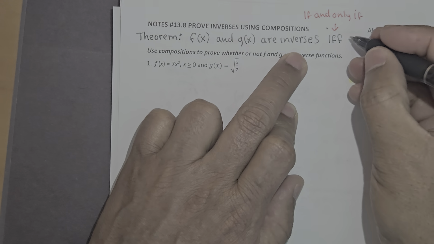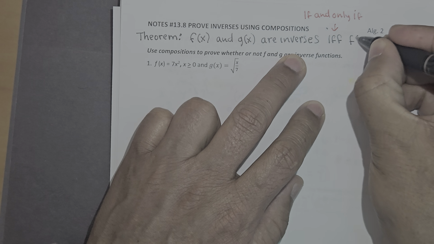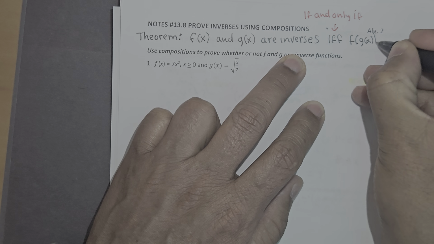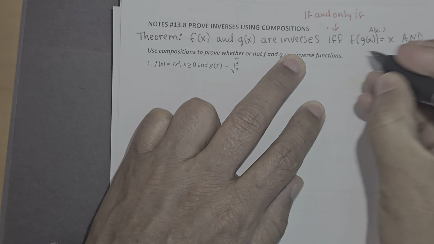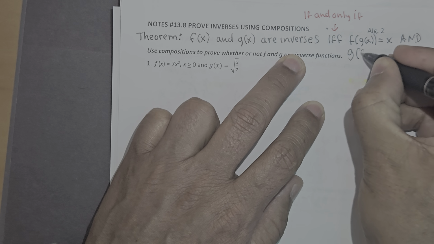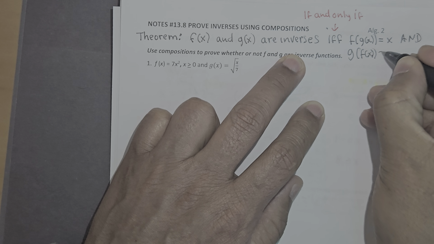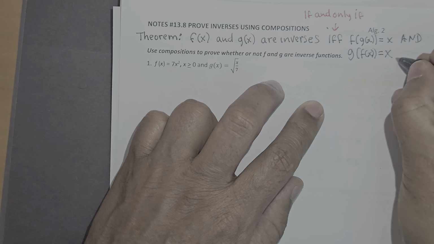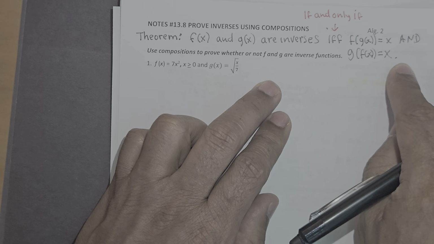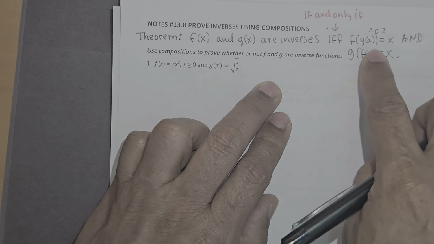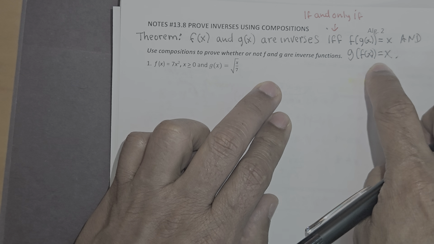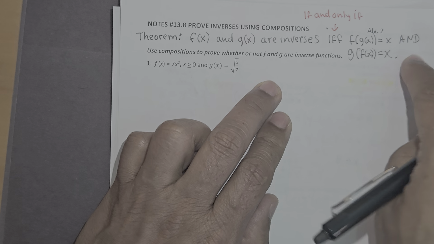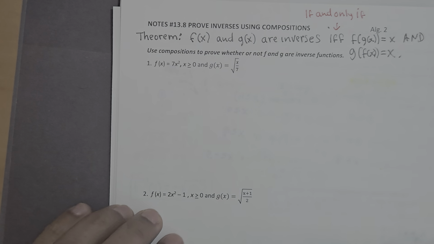If and only if, when we do the composition f of g of x, that gives us x, and if we do the other composition, g of f of x, that also gives us x, then these two functions are inverses. So when you do this composition you only end up with x, and when you do the other composition you only end up with x. Then you can conclude that the functions are inverses.